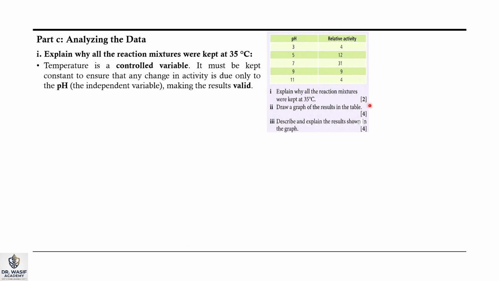In the previous slide, you can recall it was mentioned that this reaction is happening at 35 degrees Celsius, because that is a constant temperature to properly respond to pH variation. So, the answer: temperature is a controlled variable. It must be kept constant to ensure that any changes in activity are due only to the pH, making the results valid.